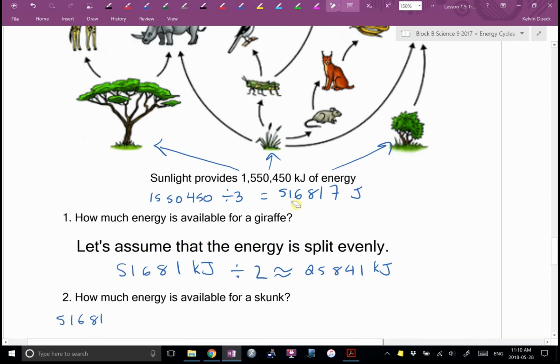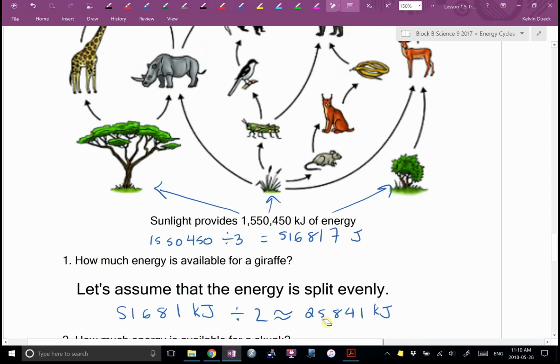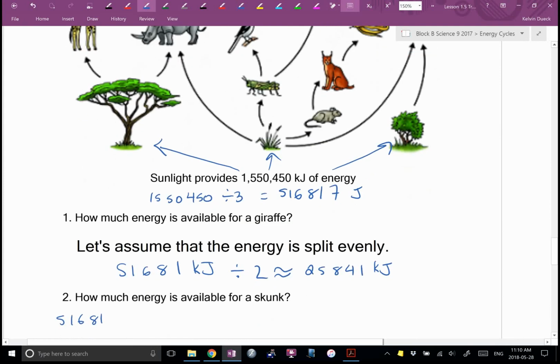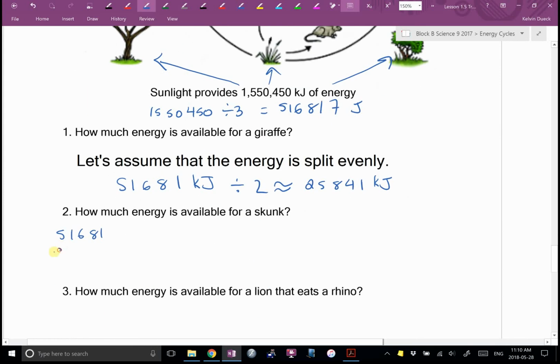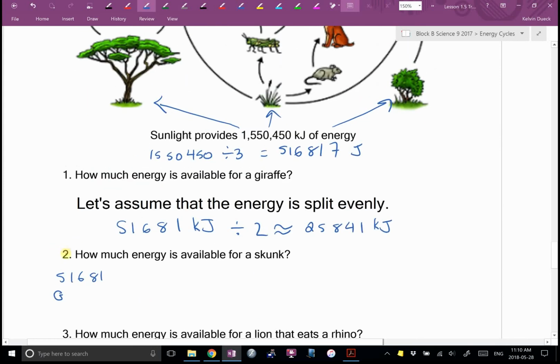Knock off a 10, it would be the 25.8. Oh, you're saying since we split it already, the bird is going to have 10% of that? Oh, because it's already being split here. Gotcha. Okay, so let's make a little note here. So you're saying grasshopper is 25,841.